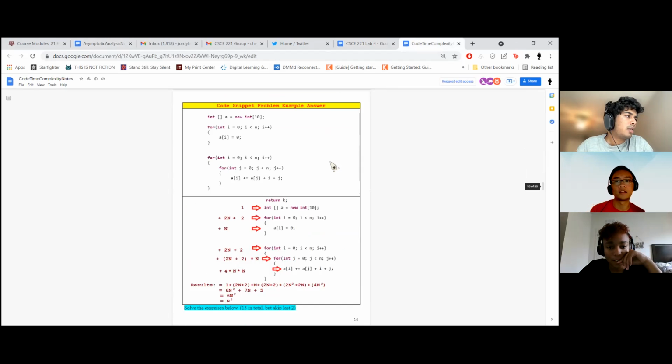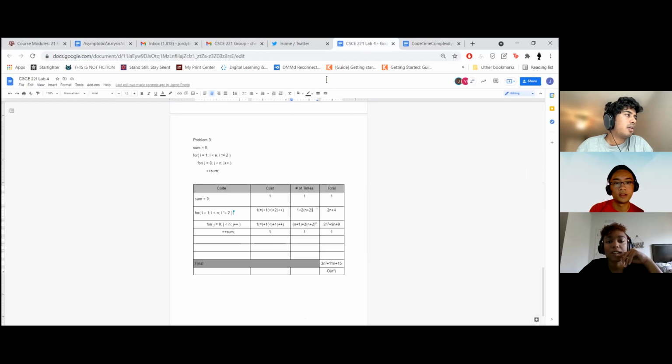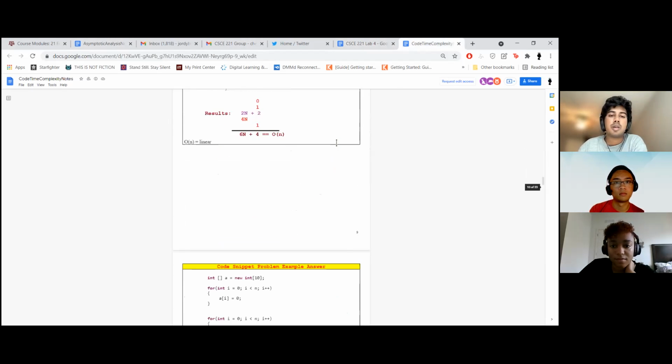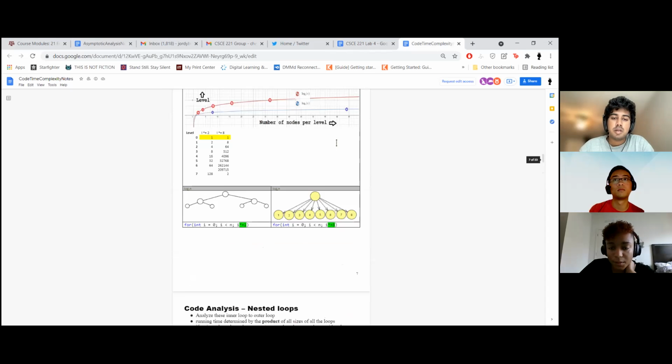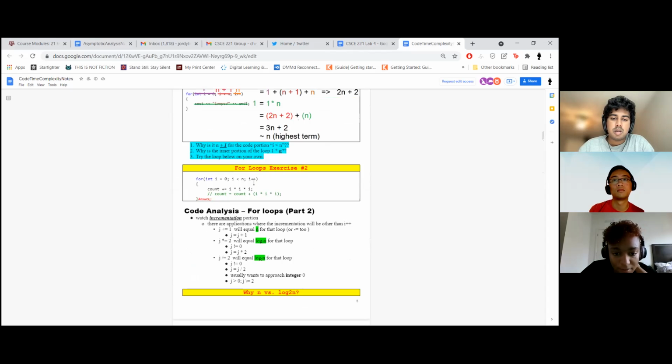Yeah, because it cuts it in half each time, so for multiply equals 2, it's a log base 2 of n for the loop. It's on page 5 at the end in the code time complexity notes. It's highlighted in green. Oh, okay. Thank you. Log 2 n.